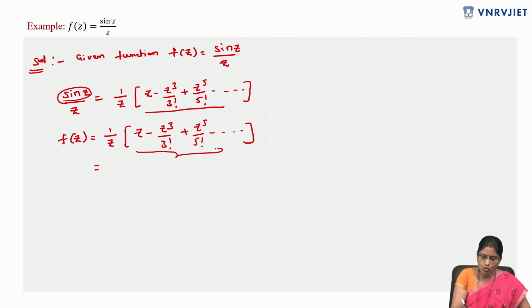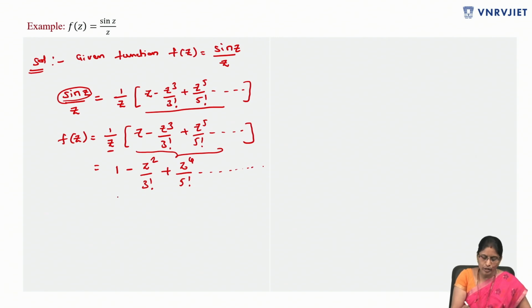Multiply the whole expansion with 1/z. We get 1 - z^2/3! + z^4/5! - and so on.